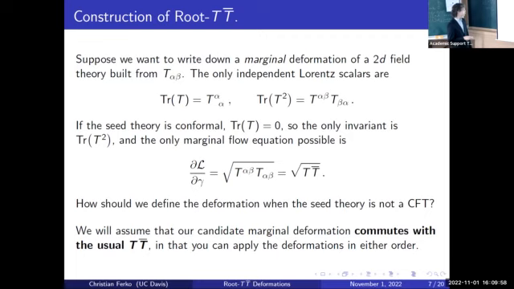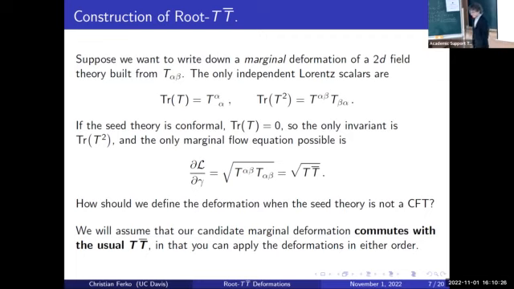So the only invariant that exists in a CFT is trace T squared, which is bilinear in T. The only combination you can construct which would be, at least classically, marginal would be the square root of that one non-vanishing combination, root of T alpha beta squared, which around a CFT looks like the square root of the T T-bar operator. So for a CFT, there's really nothing else you could do. This is the only combination you could write down that's a marginal stress tensor flow.